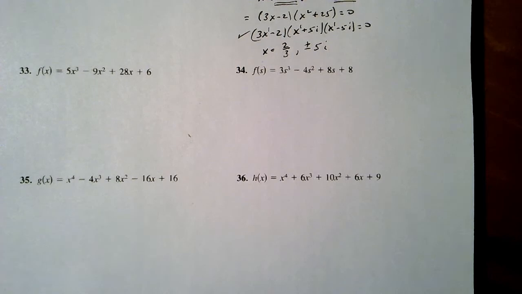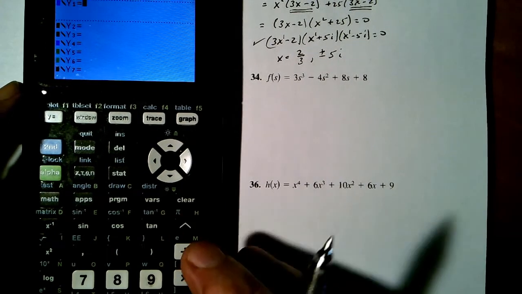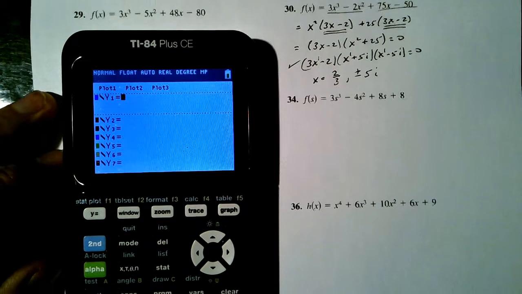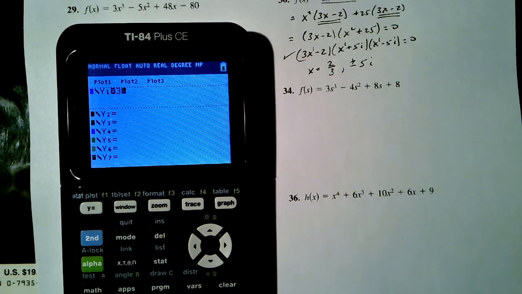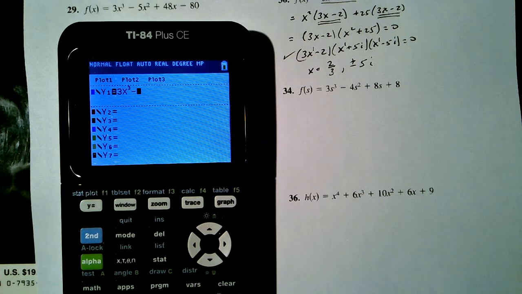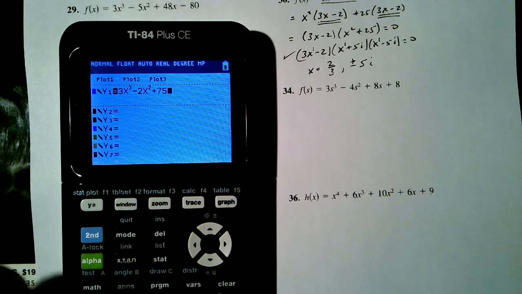Let's go. Let's clear that one out. Let's get it where you can see it. 3x to the third minus 2x squared plus 75x minus 50.